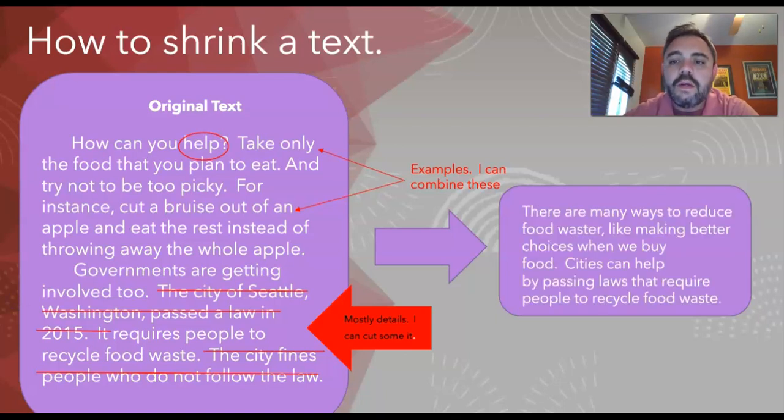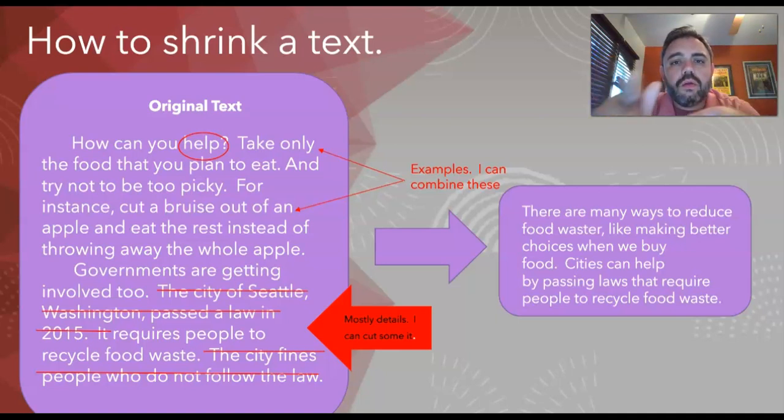Pow! Right there. So we went from this original text, which has 7 sentences, to this 2-sentence summary. There are many ways to reduce food waste, like making better choices when we buy food. Okay. Cities can help by passing laws that require people to recycle food waste. Boom. That's a great way to shrink it.